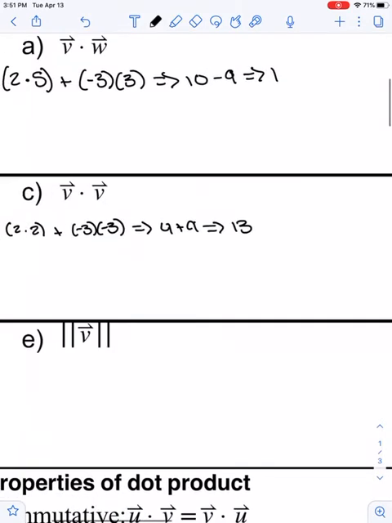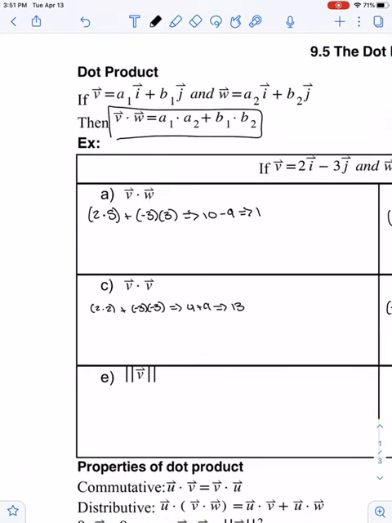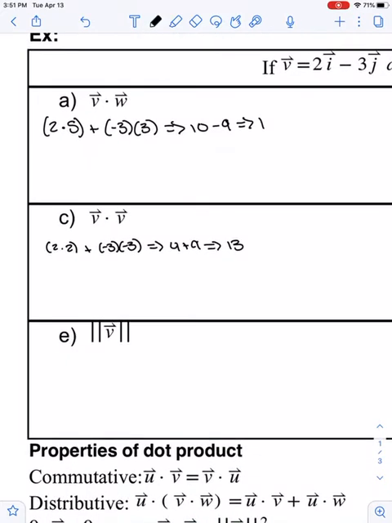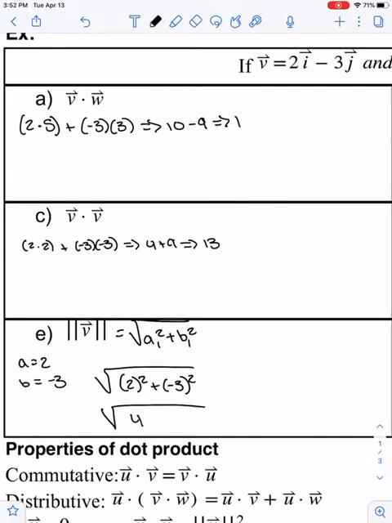All right, now we're doing the magnitude again, and we have that magnitude formula from the 9.4 notes, and as we can recall, that equals the square root of a1 squared plus b1 squared. So let's do v, a equals 2, b equals negative 3. Plug those values in. We get the square root of 2 squared plus negative 3 squared, which is 4 plus 9, which equals the square root of 13.